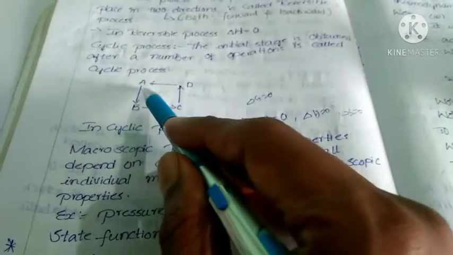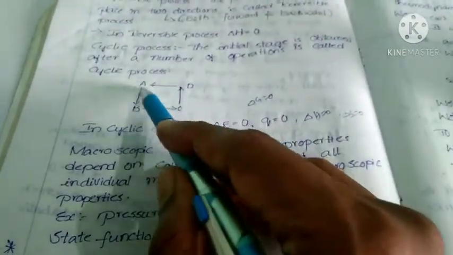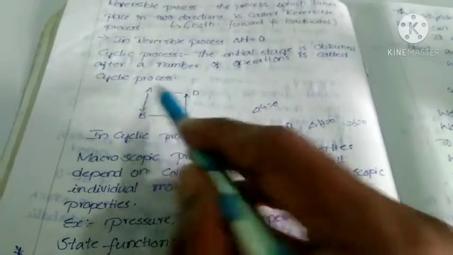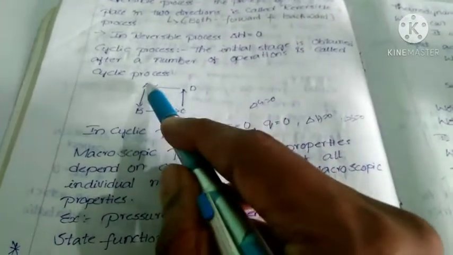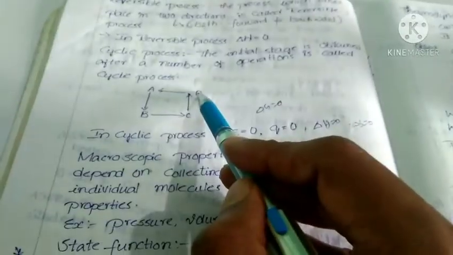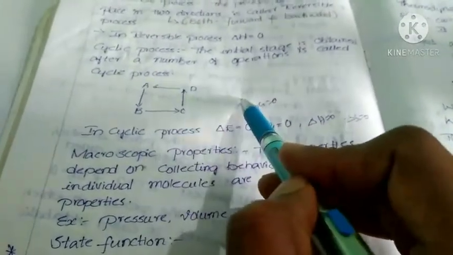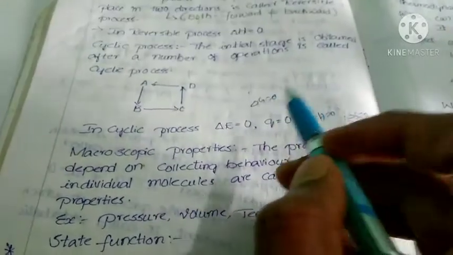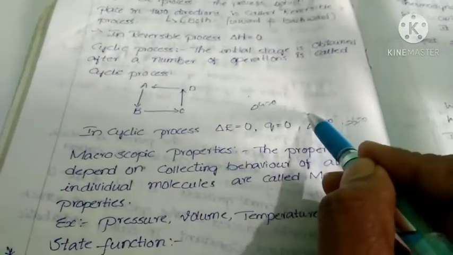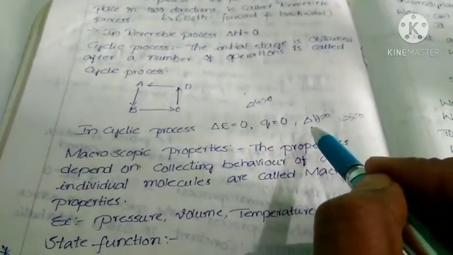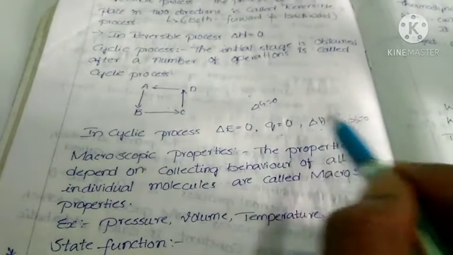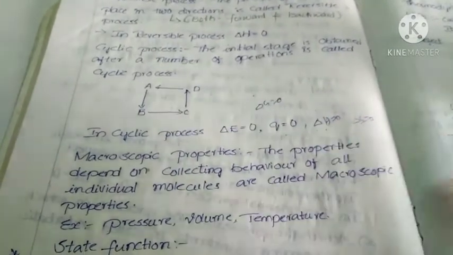In this process, internal energy is also constant throughout, because the initial stage is obtained again after some steps. That means the initial stage and final stage will be the same. If the initial and final stages are the same, then internal energy will be constant. If internal energy is constant, automatically delta E will be 0. So what is the point? Delta H is 0, delta E is also 0. If delta H and delta E both are 0, then all these will be 0. All these means Q, delta G and delta S will be 0. This is all about types of process.